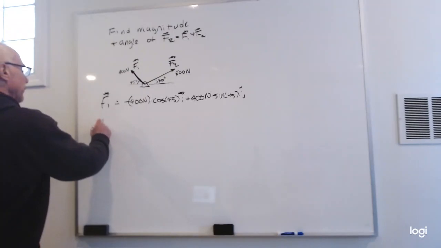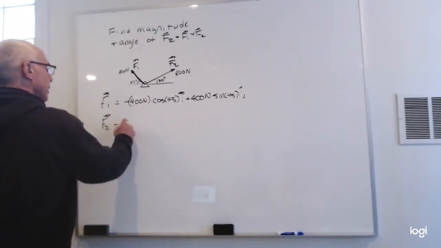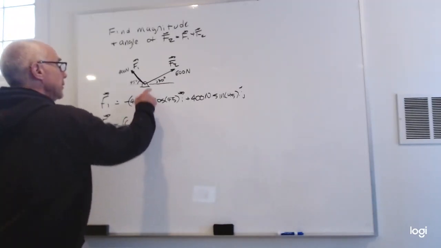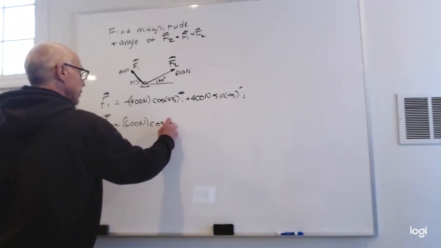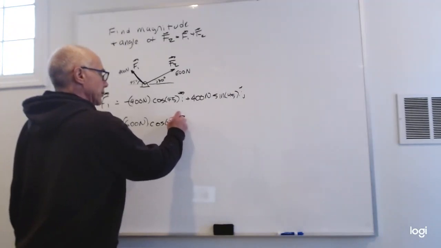So I can write the F2 vector equals 600 newtons times, in this case we have 30 degrees, so cos 30, and that's times the i vector.